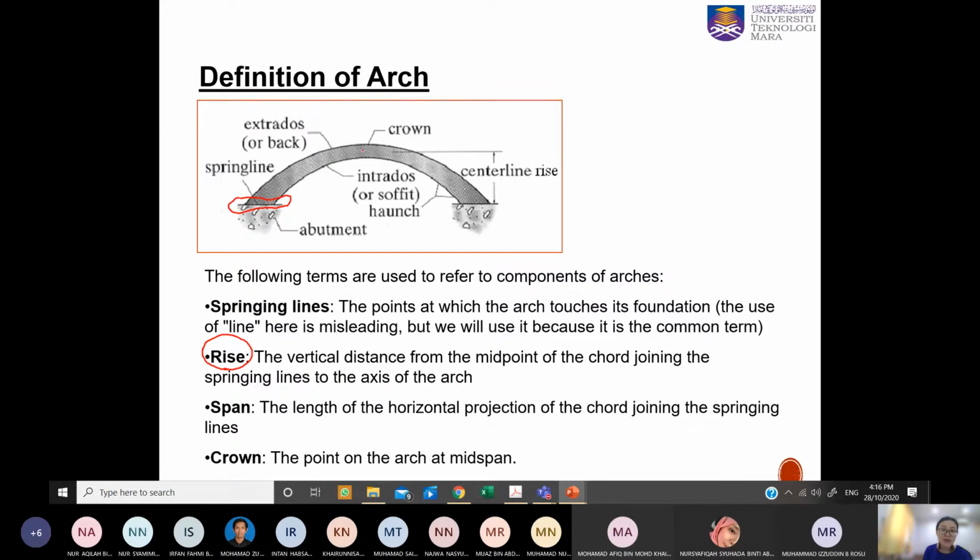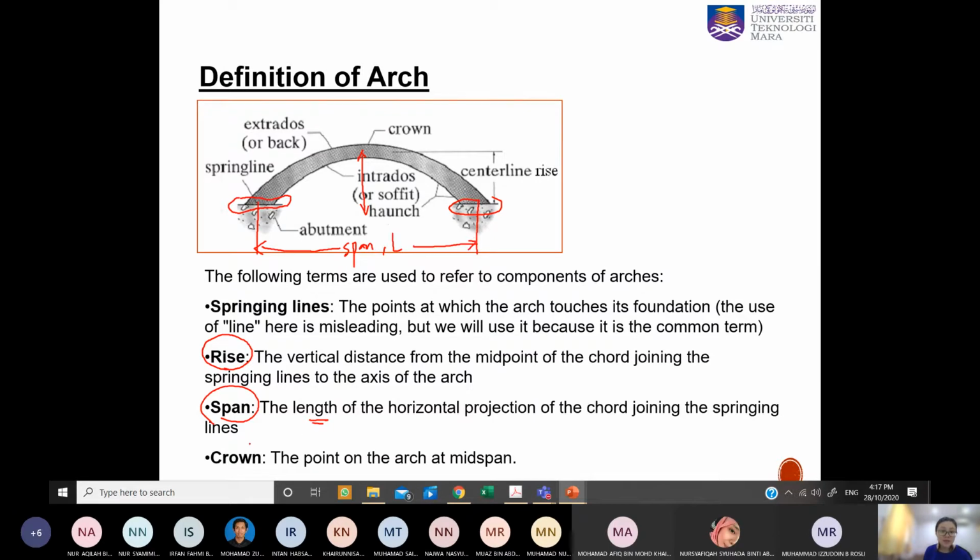So we have this height, and the span is the length of the horizontal projection of the chord joining the springing lines. So now you have spring line to spring line. Now you need to find the center of this support, then this will be your span, or sometimes you use L in measuring this.